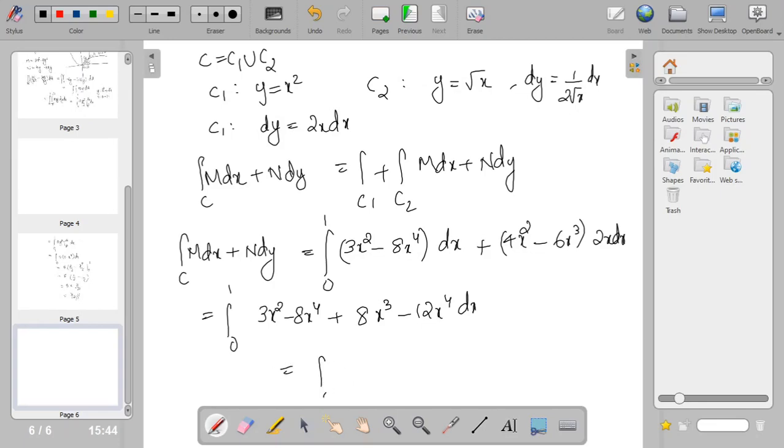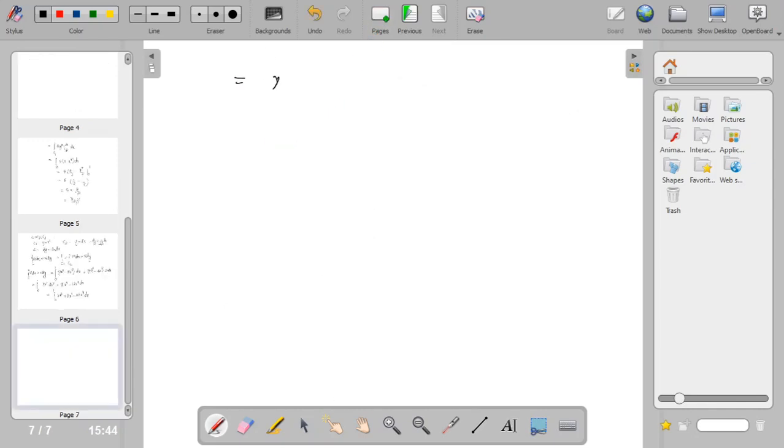So that is integral 0 to 1 of 3x square plus 8x cube minus 20x raised to 4 dx. So upon integrating you will get x cube plus 2x raised to 4 minus 4x raised to 5 from 0 to 1. So upon using the limits you will get 1 plus 2 minus 4. So that is equal to minus 1.